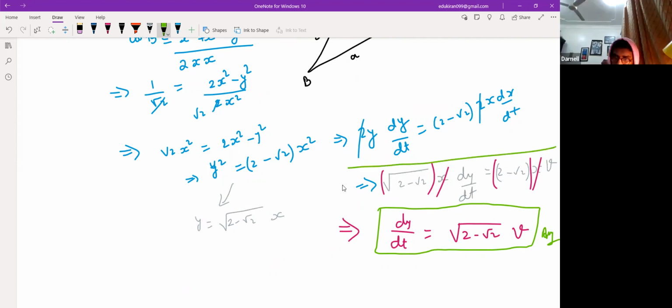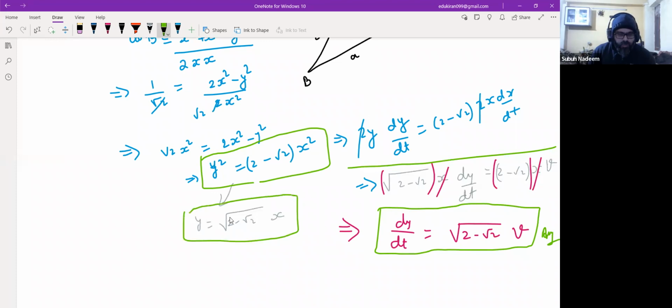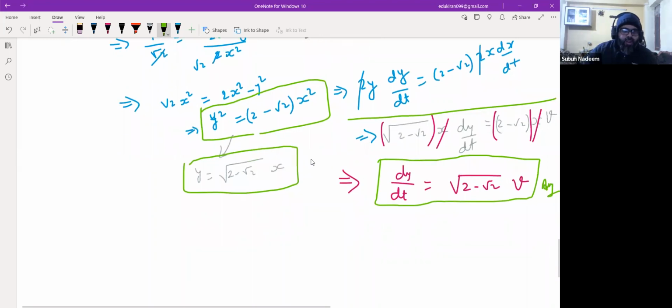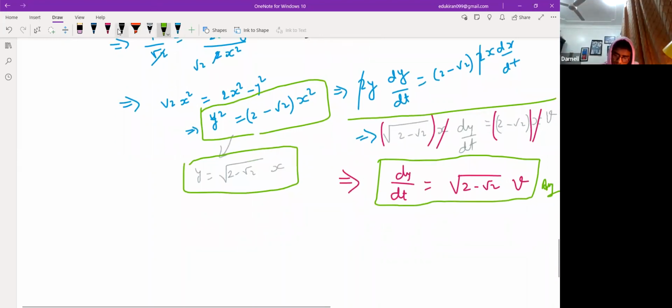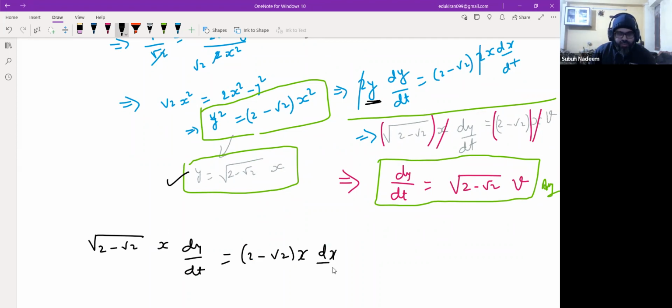So what we have done from here, we have taken a square root, so it becomes y is equal to square root of 2 minus root 2 x. That is fine. Now I substituted here y from here, root over 2 minus root 2 x, and then there is dy by dt, and this is 2 minus root 2 x dx by dt.